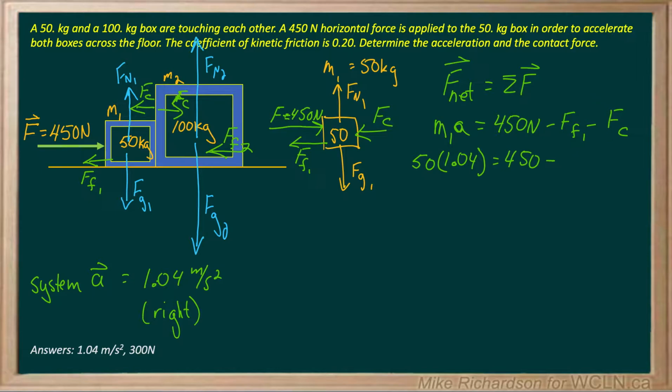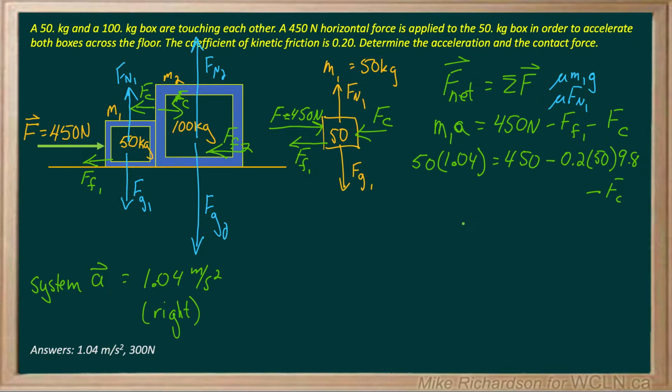Now remember, force of friction is just mu times the normal. This one here has an equation. And our normal is the same as gravity, m1 times g. So I'm going to replace force of friction with mu mg. So mu was 0.2, my mass was 50, gravity is 9.8, and I still have to subtract FC, so I apologize, I ran out of room there.